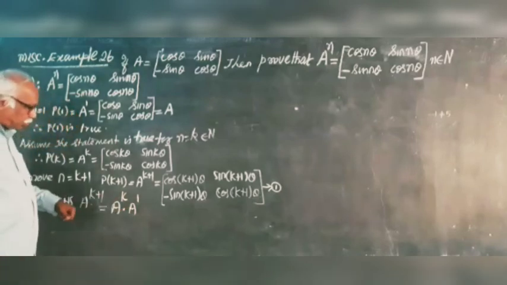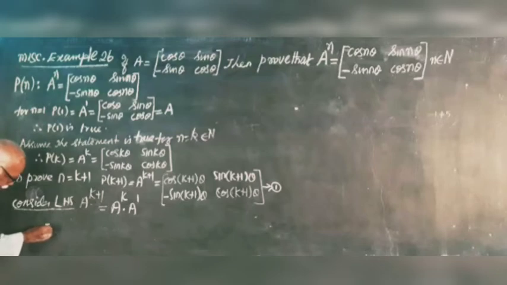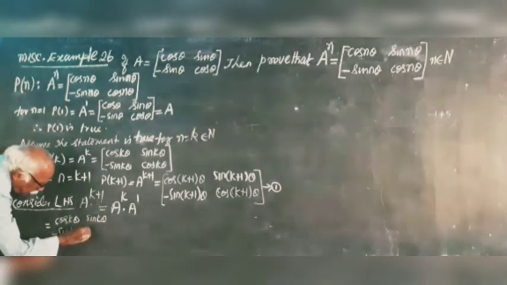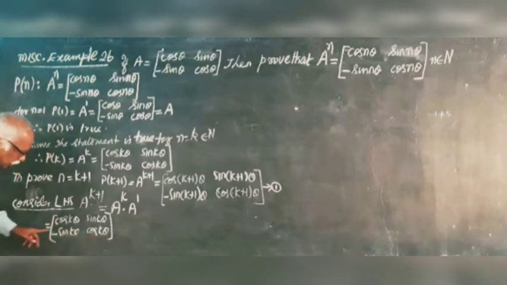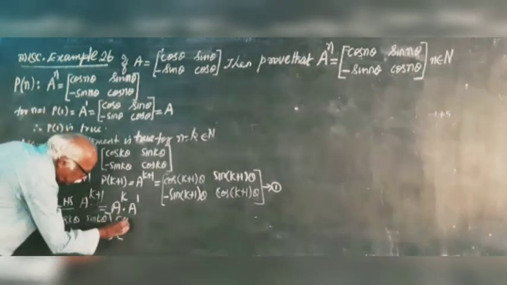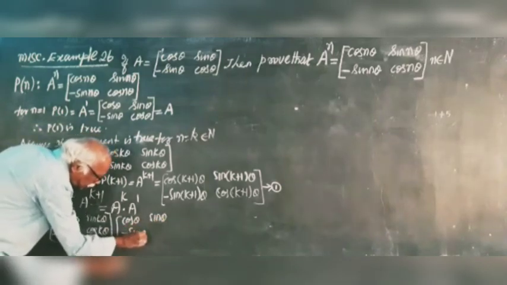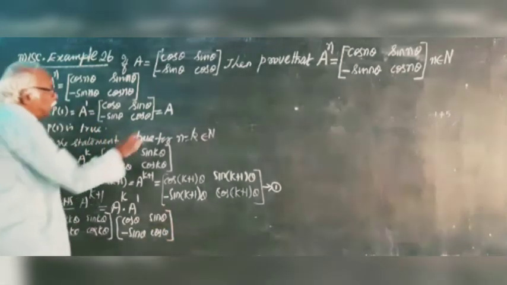So A power k plus 1 is equal to A power k into A power 1, which is the matrix cos k theta, sin k theta, minus sin k theta, cos k theta, into the matrix cos theta, sin theta, minus sin theta, cos theta. Then we have to multiply.